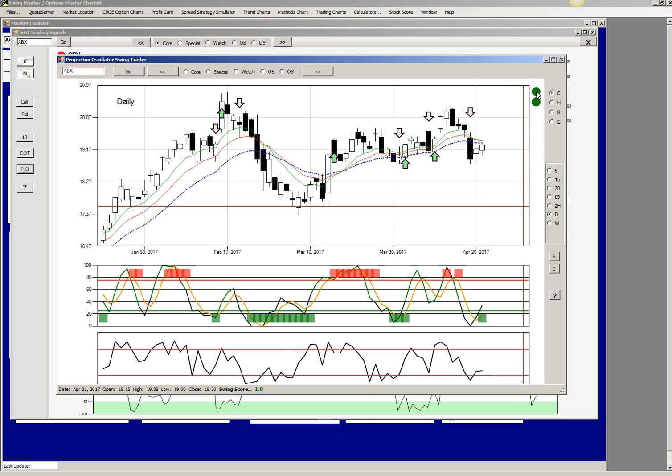The weekly signal is a buy, and the next lower time frame, 2 hours, is also a buy. So there's a lot of evidence to suggest that ABX could be bought at this price level.